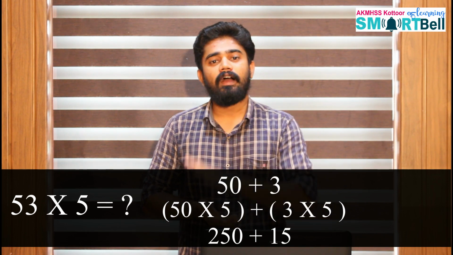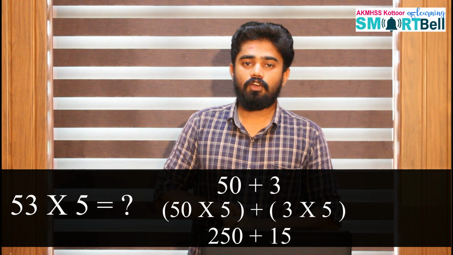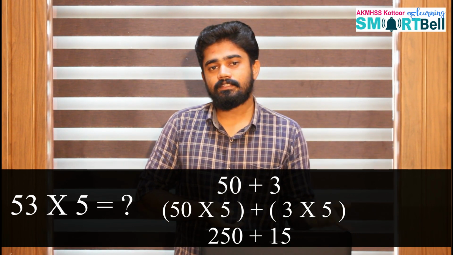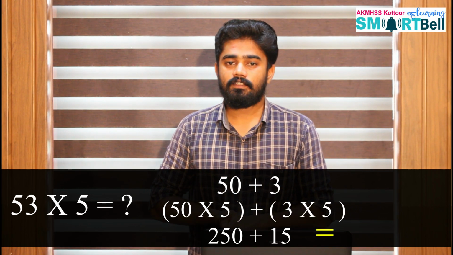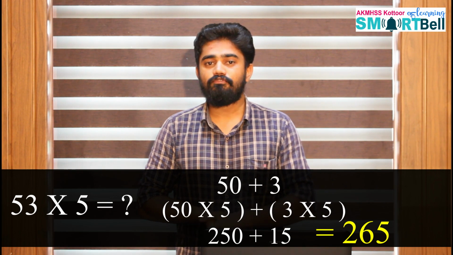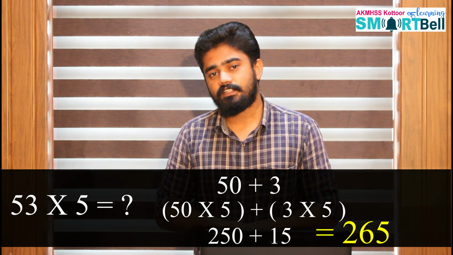And 3 into 5 is equal to 15. By adding this, we get 250 plus 15, which results in 265. So the final answer of 53 into 5 is 265.